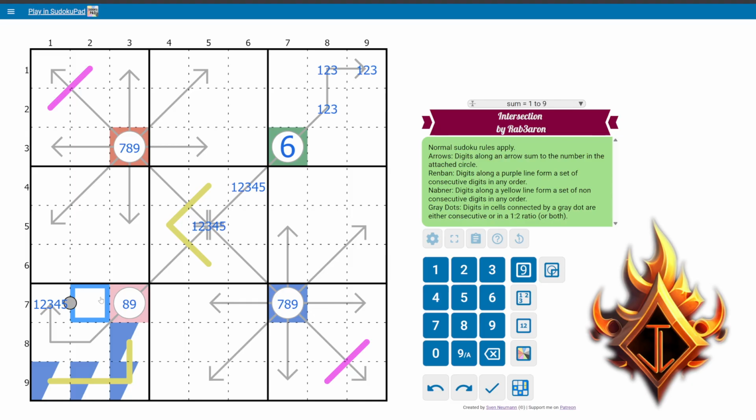So this has to be one of them. It is green or red. Green can sit next to 3 or 5. So I mean that would work out well.